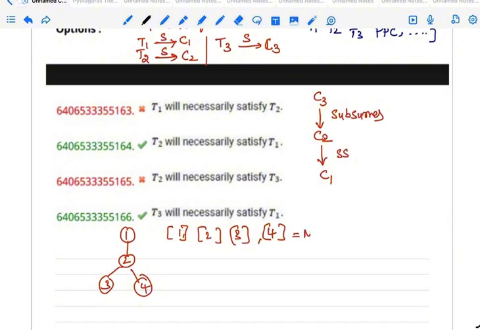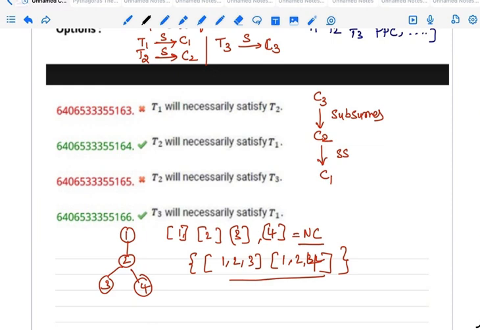For example, there is a list of test paths. Node coverage means there are two test paths, 1, 2, 3 and 1, 2, 4. These two test paths cover node coverage, and they also cover edge coverage.